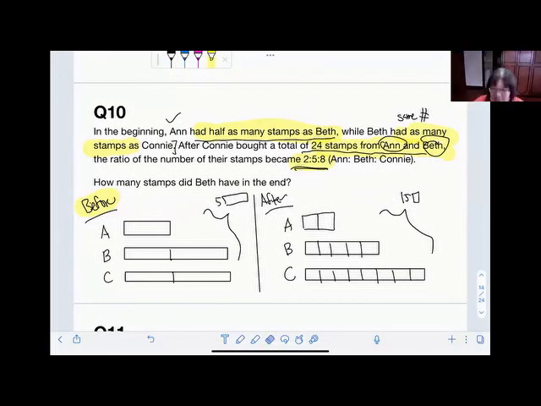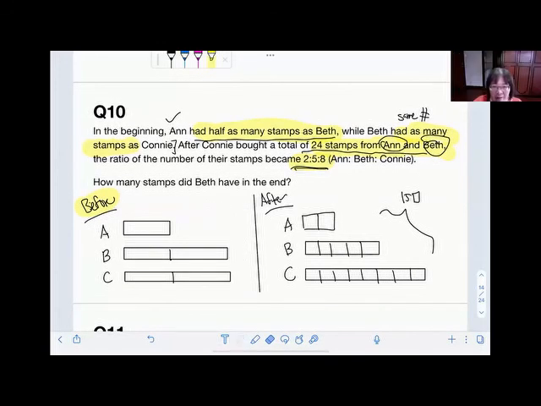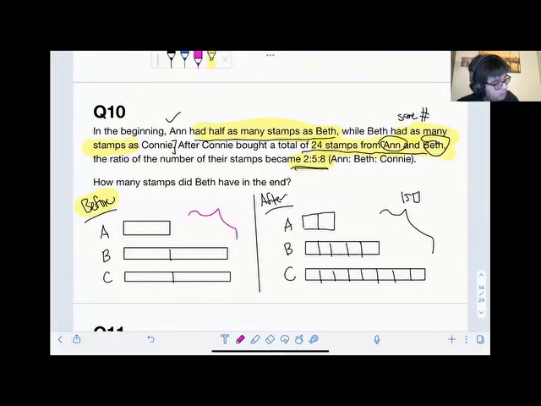Isang malaking box, ilang maliliit na box? Yes, correct. Ibig sabihin, 5 boxes dito sa before, 15 boxes after. Divide each of the before by 3.